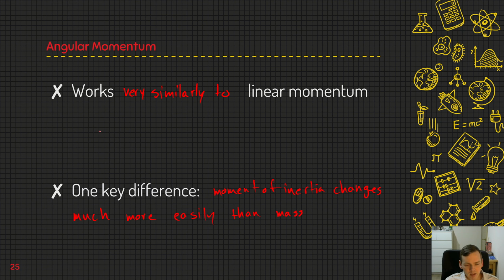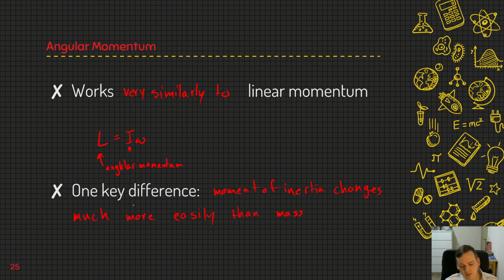So we have L equals I omega, where L is angular momentum. If you reduced your moment of inertia, then your omega would have to go up. Conversely, if you increased your moment of inertia, then your omega would have to come down.